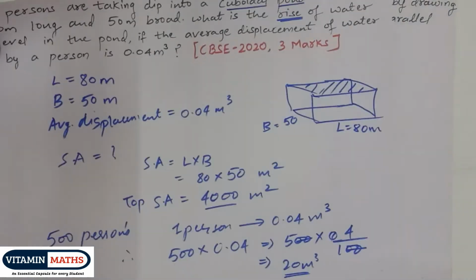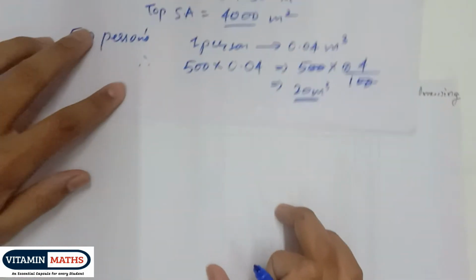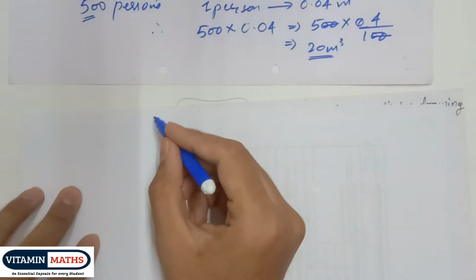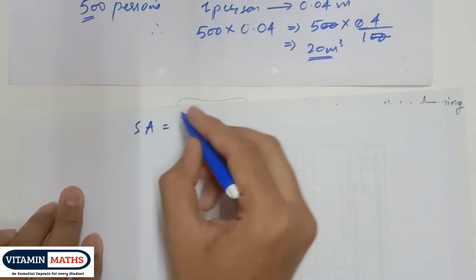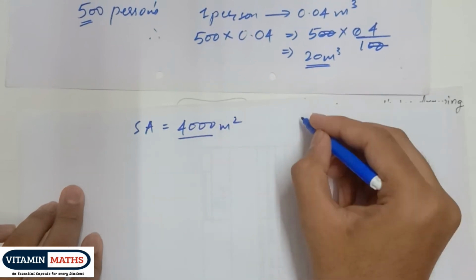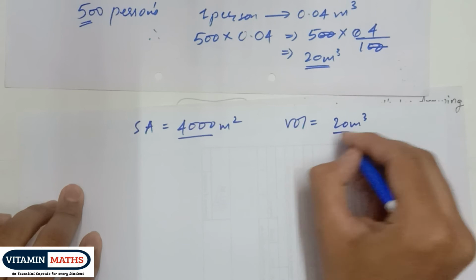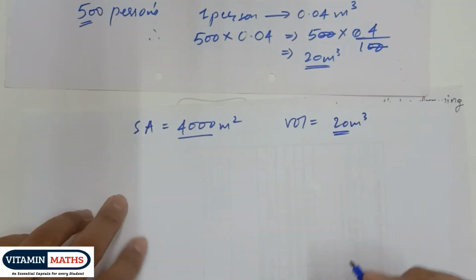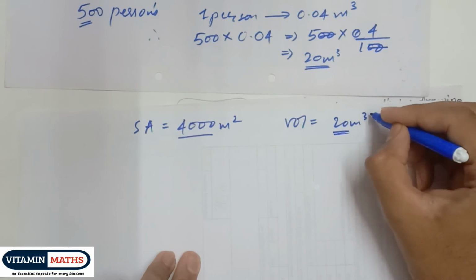So the volume by this average displacement of 500 people is 20 meter cube. Now, the surface area is 4000 meters square and the volume is 20 meter cube. Now I want the displacement, so I am just solving it by common sense, going by the units.